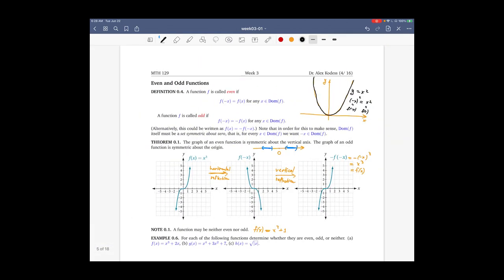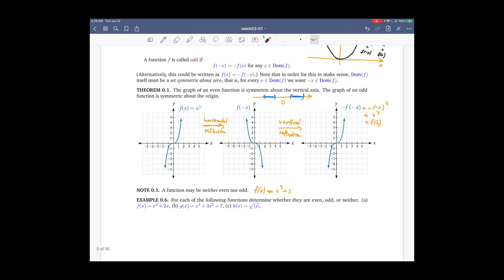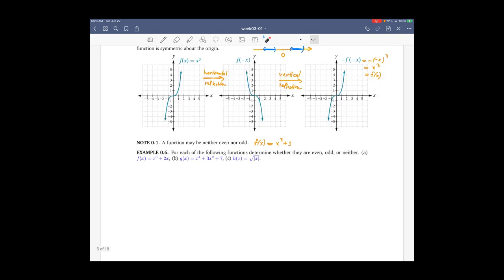So again, the graph of an odd function is symmetric about the origin, which in the example of the cubic parabola we can see immediately. But enough theory here. Let us see some examples.